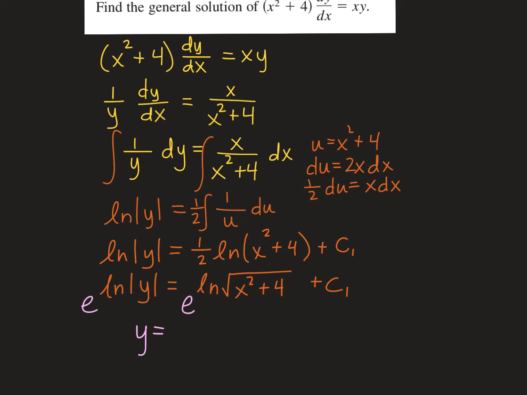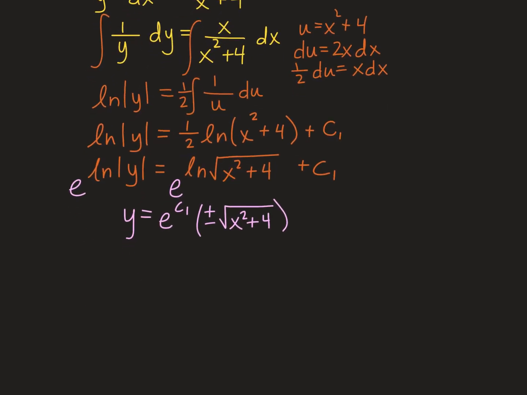And so I can really write this as e to the c sub 1, and then I had this plus or minus the square root of x squared plus 4. Now, this plus or minus can really go all the way out front, and plus or minus e to the c sub 1 is just a general c value. So we have y equals c times the square root of x squared plus 4.